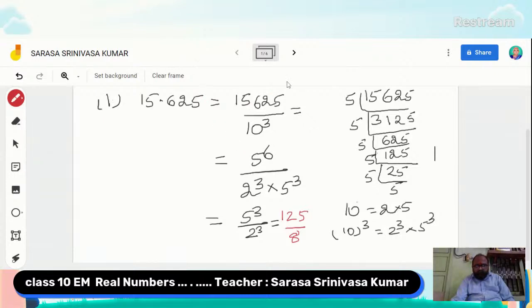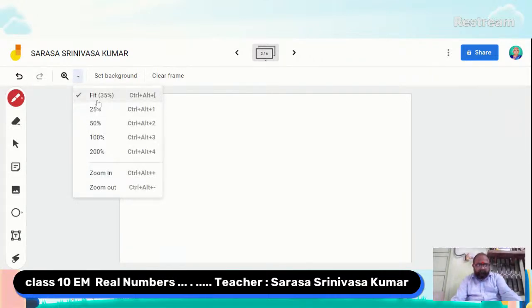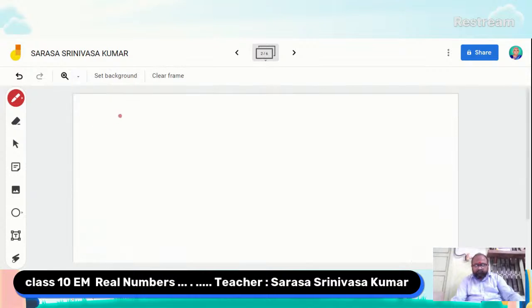Now we consider another problem. The second problem, 0.1255. It is given.